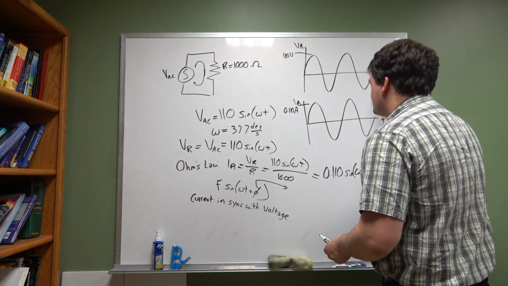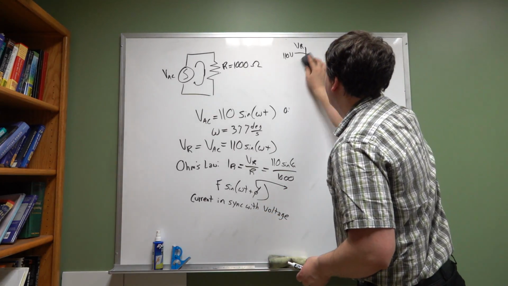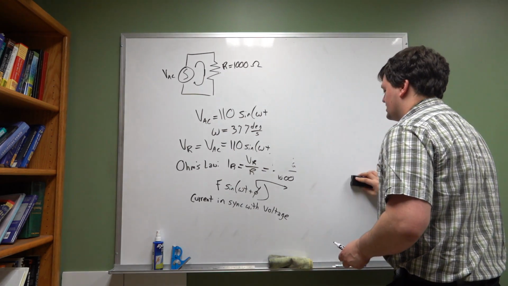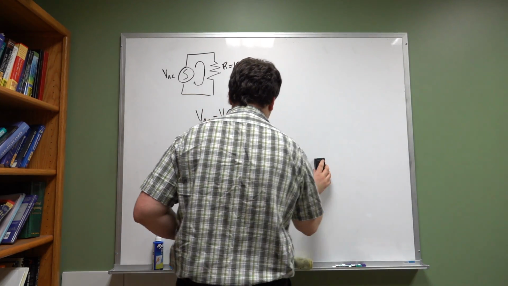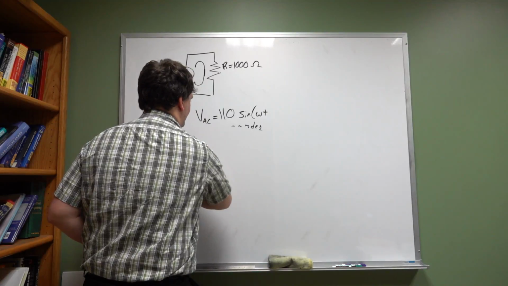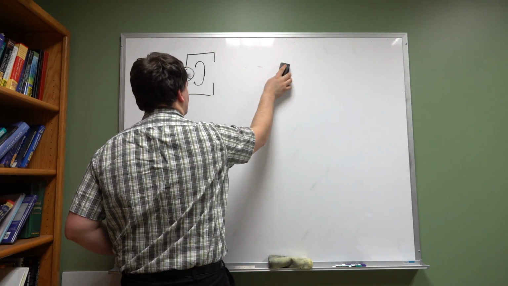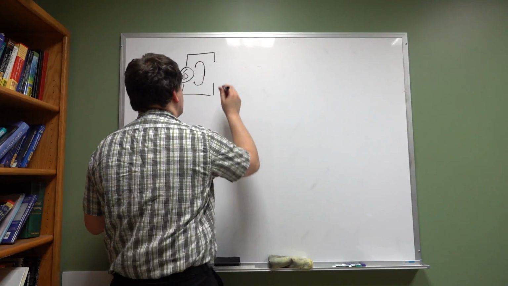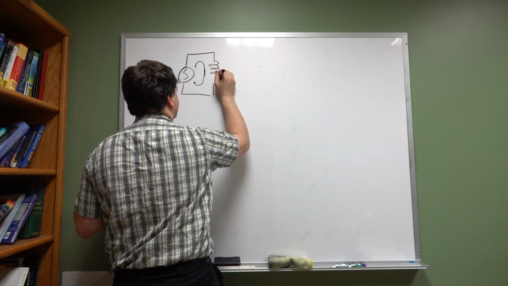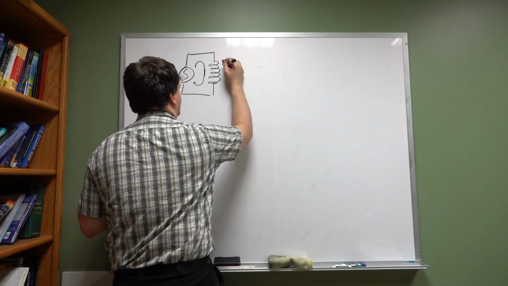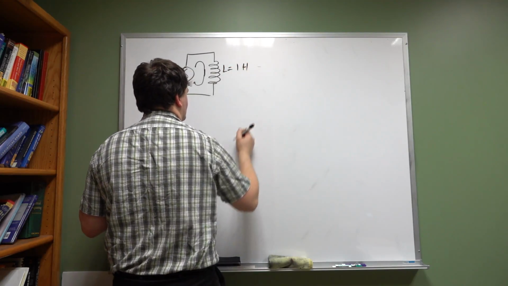So now let's go ahead and look at what is an inductor. So here, I'm just going to replace this with an inductor. Okay, and we'll say L equals 1 Henry.